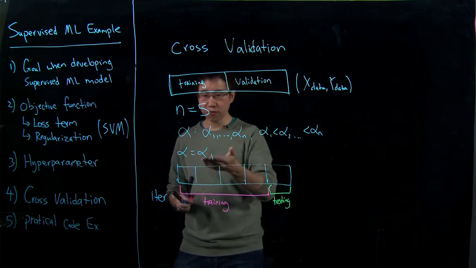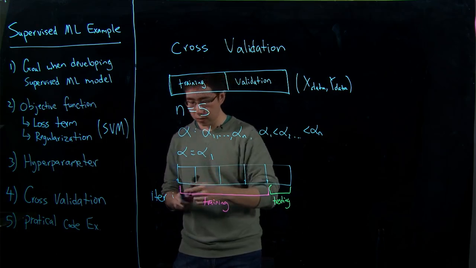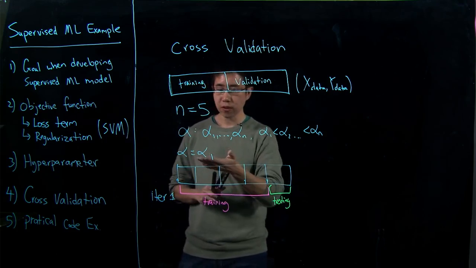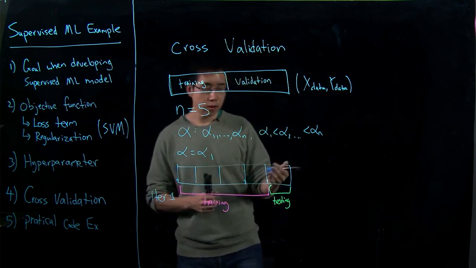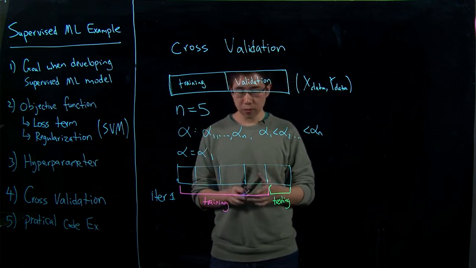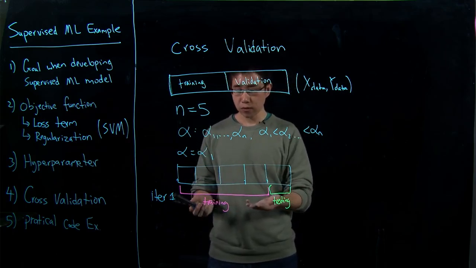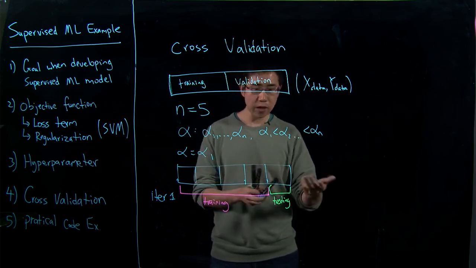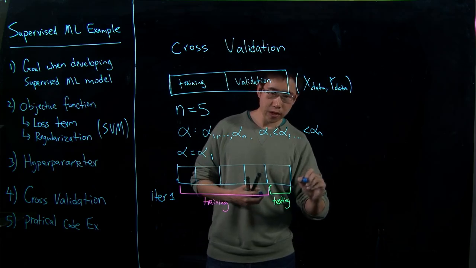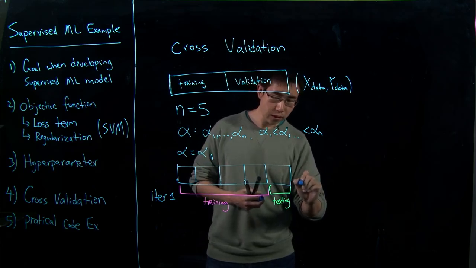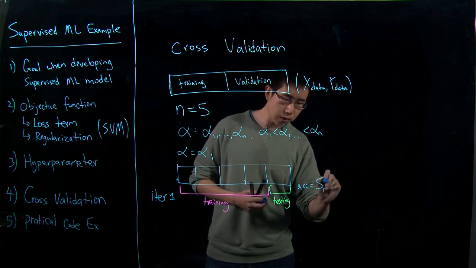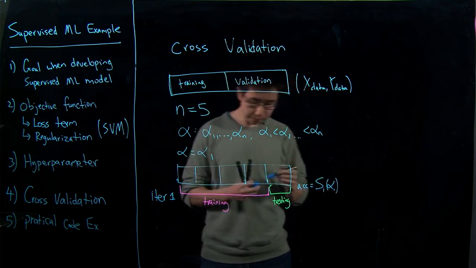Because we have a fixed value of alpha here, we can calculate how our model trained in this setting actually performs on this testing set. So we have some value of accuracy. Let's call that accuracy S1 of alpha 1.